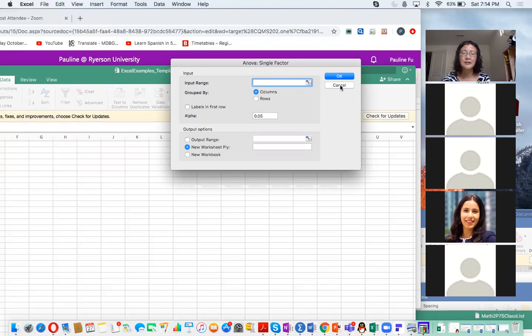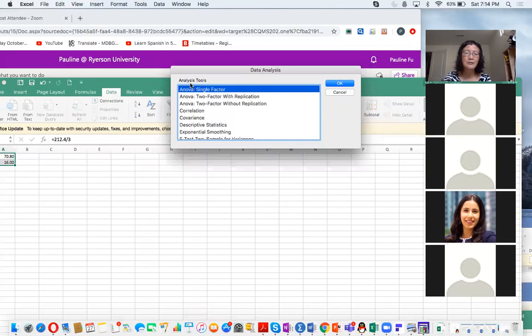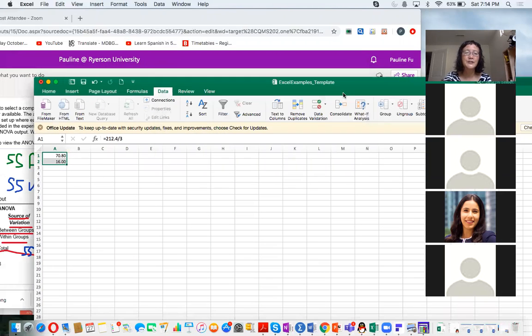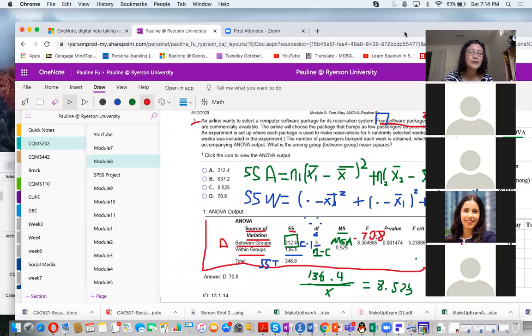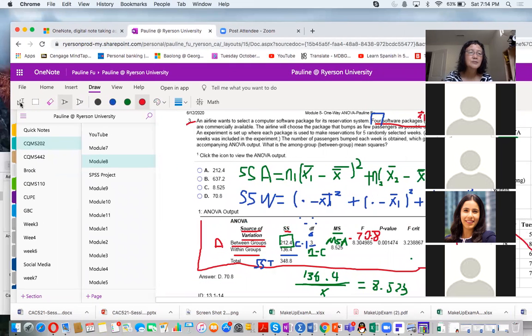And I will give you the original data. For illustration purposes, I will see if I can copy this data. If not, that's fine.